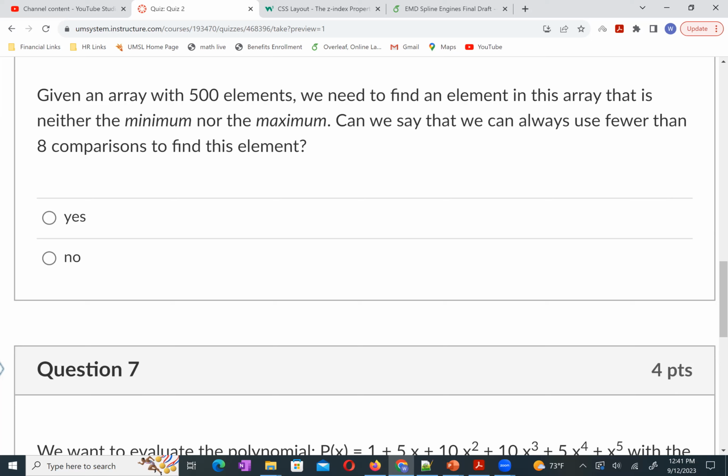Let me give you another step. Let's just take 498 elements from the original 500 elements. We find a solution. Can we also treat that solution as a solution to the original problem? We start from the 500 elements and take a subset of 498 from it. Then we find a solution with 8 comparisons.